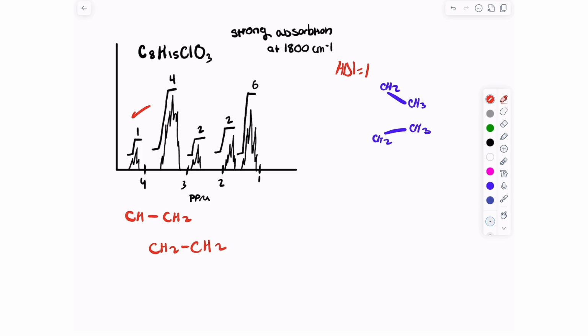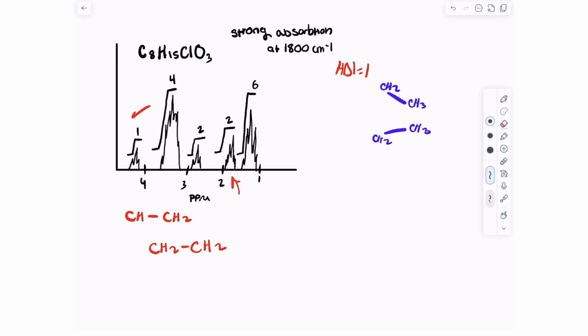This here is a CH2 connected to CH2. And again, the same reason, I don't think it's going to be something like this, because that wouldn't make as much sense. Sometimes it is, but usually I write it like this first before I start thinking it's going to be something like that. So we're going to say it's that. And then this here is a multiplet.